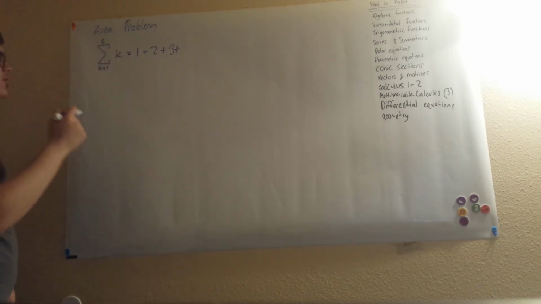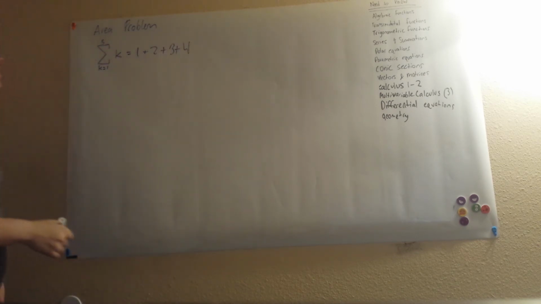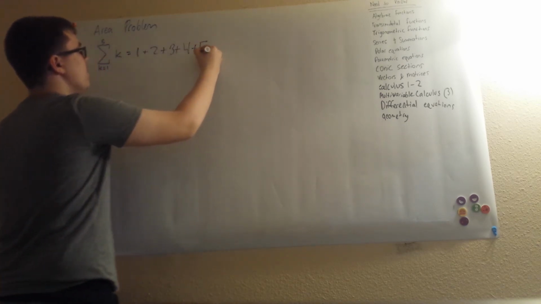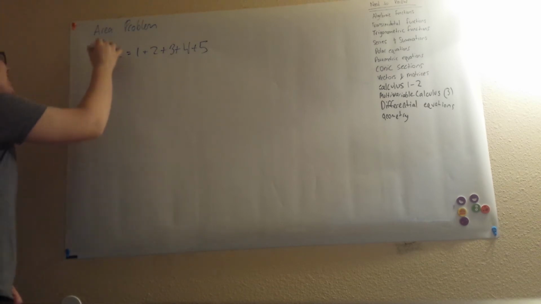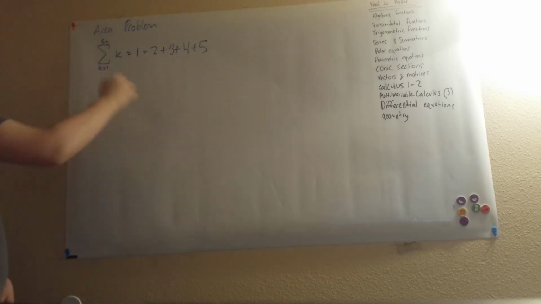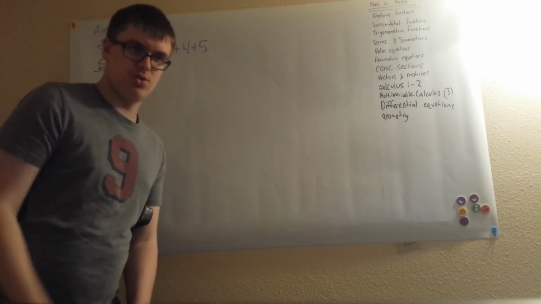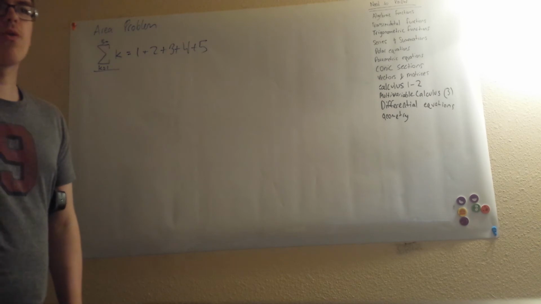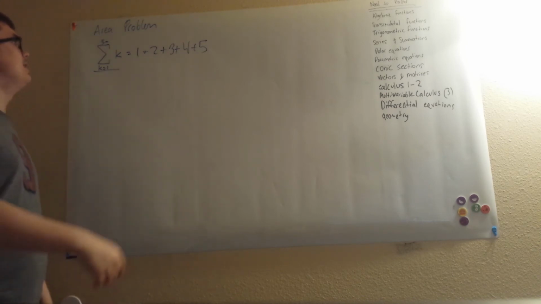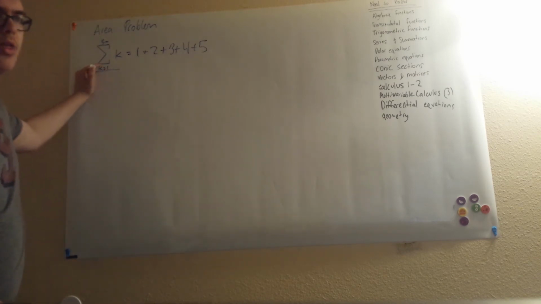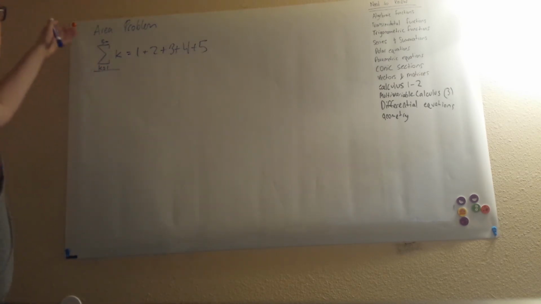That's just 4. And then k equals 5. That's just 5, and we stop at 5 because it's telling us to stop at 5. Note that we're only plugging in integers: 1, 2, 3, 4, 5. We're not plugging in decimals into k, just whole numbers 1 through 5.